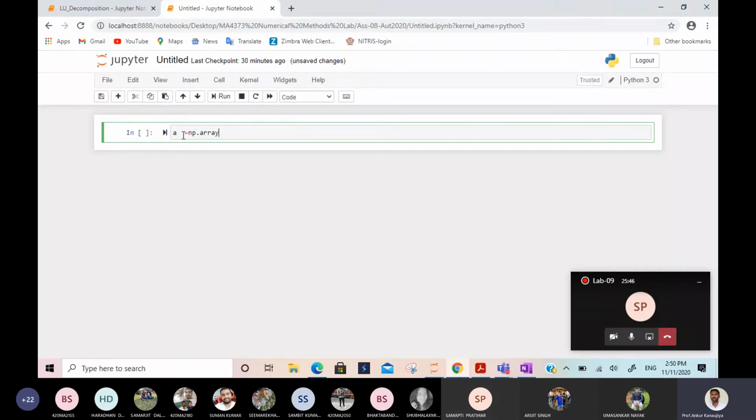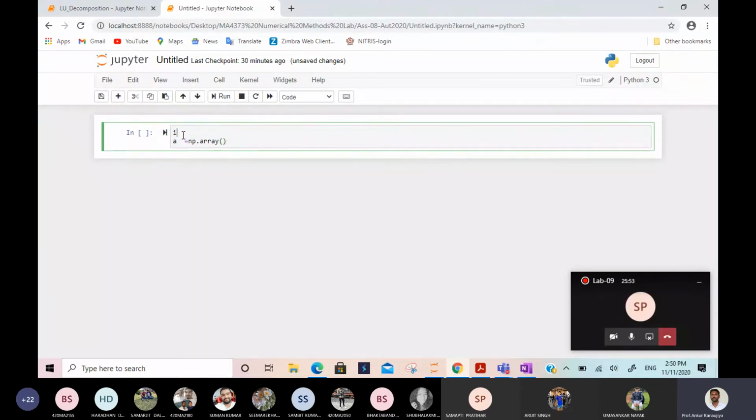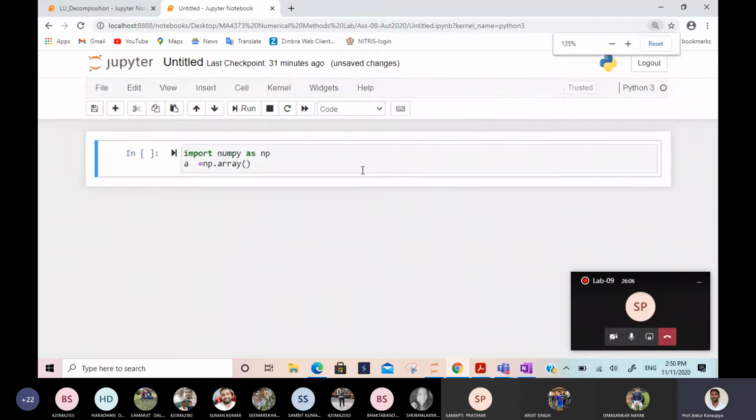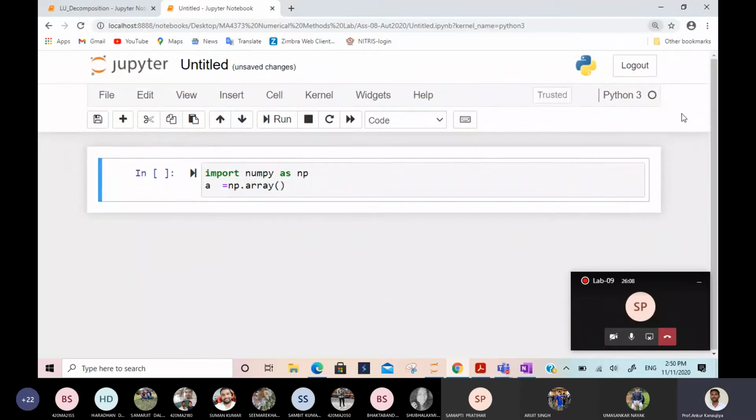So first I will define np by importing the library numpy. Import numpy as np. And then here I will write the matrix A. Total 4 rows.